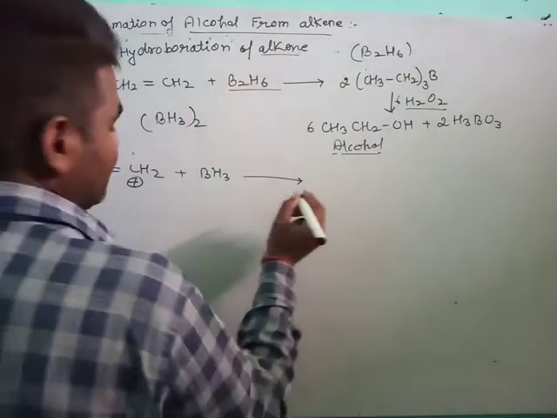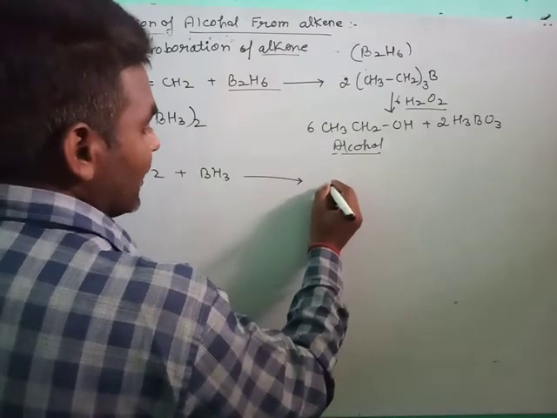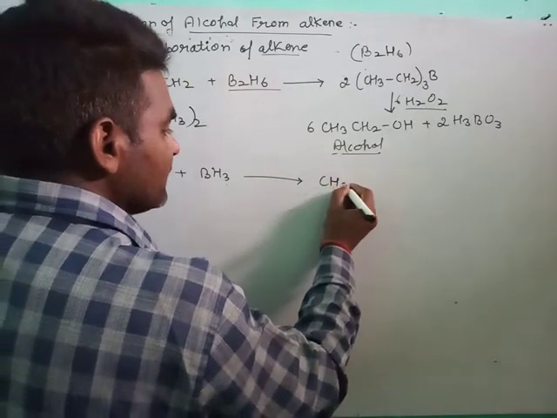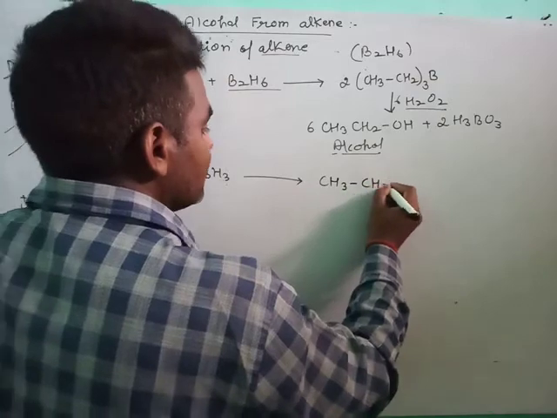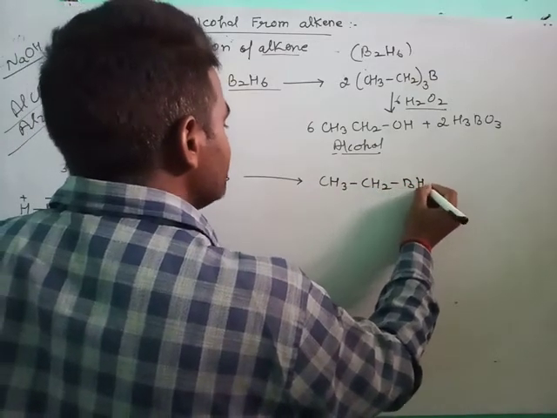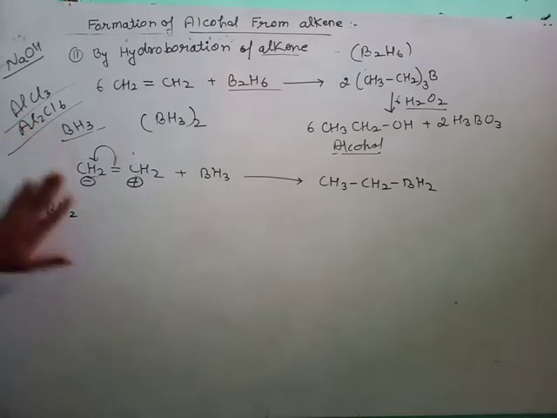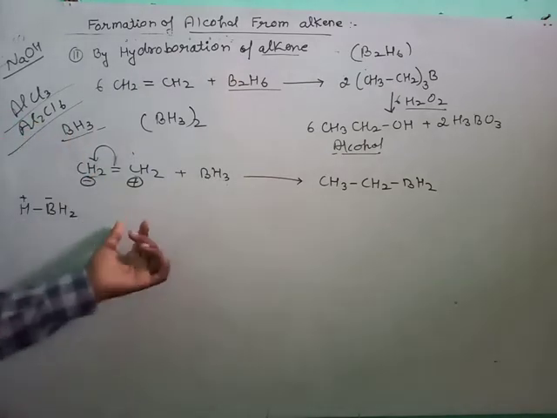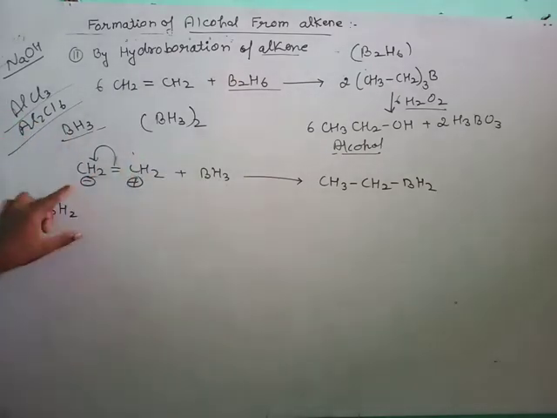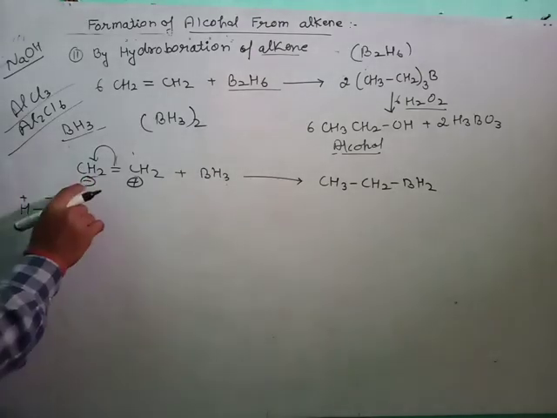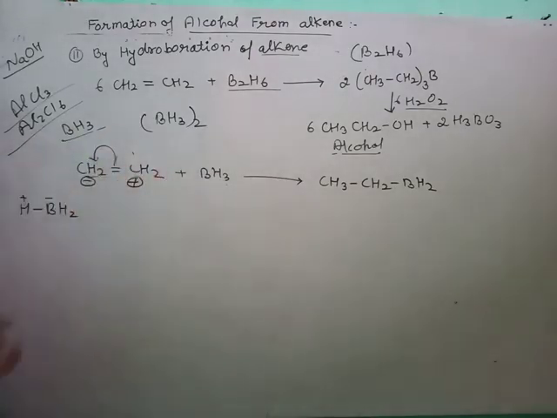The product which comes is CH3 CH2 BH2. These three molecules we can take in three steps. Here only one molecule, and next we write the second step. So it is clear, one carbon becomes negatively charged and the other becomes positively charged. BH3 breaks down like this, H plus and BH2 minus.